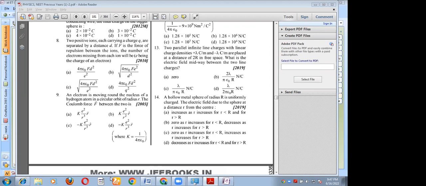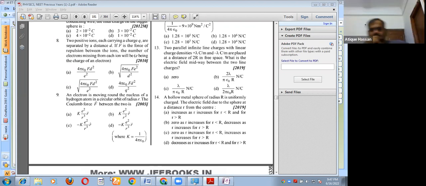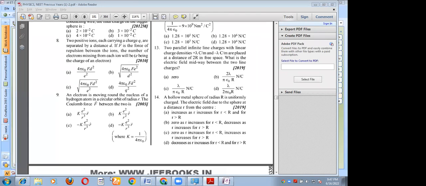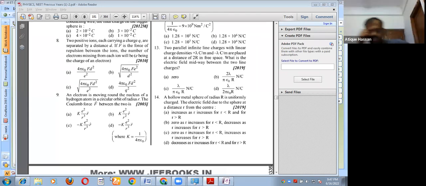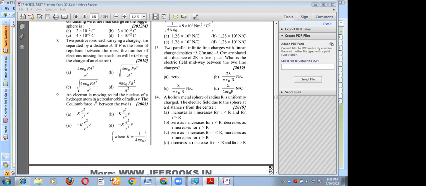So for external points, the electric field decreases as r increases. Now see, what you're saying is correct. But you see option D. What does it say? Oh, I did not see the next part.